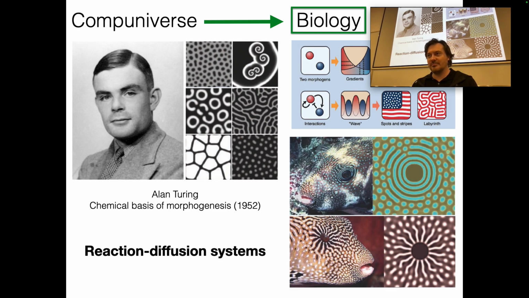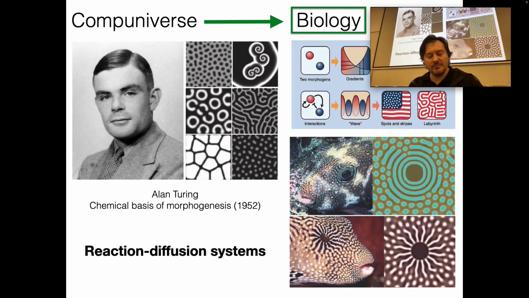Who knows? Yes, thank you. Well, we don't know much about biology, but Turing is interested in how these patterns appear on animals, right? So he proposes a mechanism for it. It is called reaction diffusion.